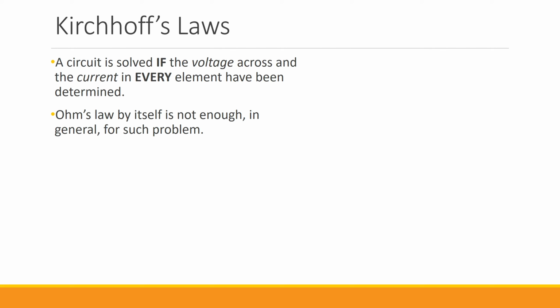A circuit is said to be solved if the voltage across and also the current in every element have been determined. So let's say we have this sample circuit. I just put an independent current source, resistor 1 here, this one I call I1, resistor 2 here, and I want to make this very complex.